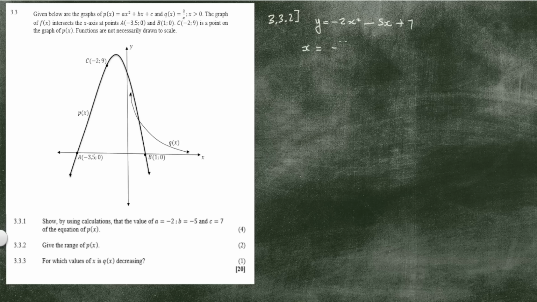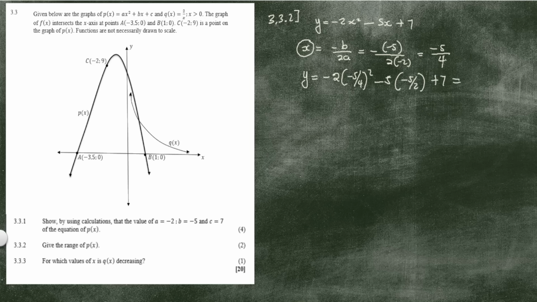X is equal to minus b over 2a, equal to minus -5 divided by 2 times -2, which gives -5/4. Then we substitute this x value into the original equation: minus 2 times minus 5/4 squared, minus 5 times minus 5/4, plus 7.